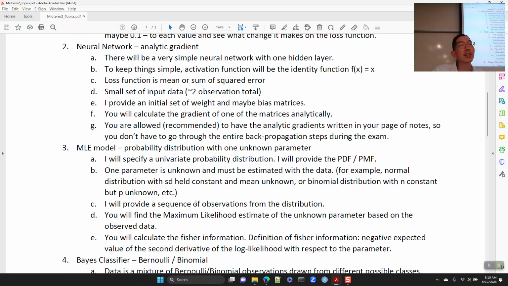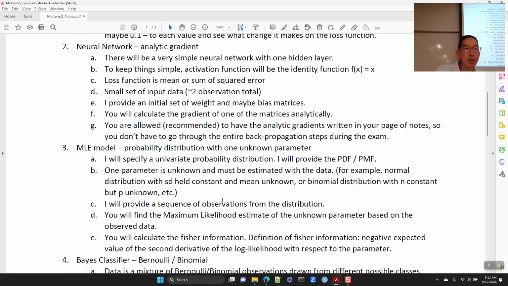So, if it's the normal distribution, you'll have values like 8 and 8.2 and 7.7 or something. Or if it's from the binomial, I'll say n is 20 and p is unknown, and you got 12 yeses, and another time you got 13 yeses, and another time you got 10 yeses, or something like that.